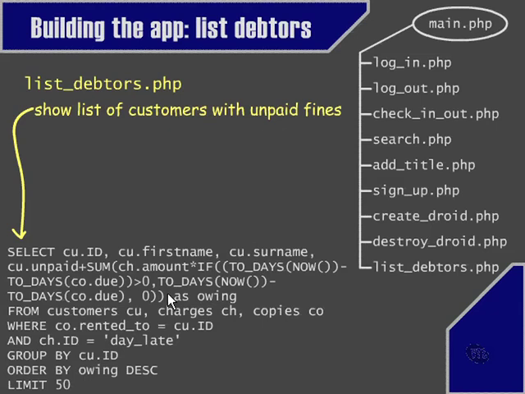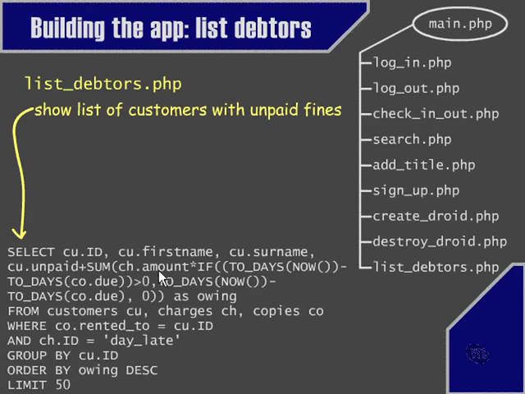Now this column is calculated by adding the customer's unpaid fines to a sum, which, if you remember, is an aggregate function which we can use to add up information within multiple rows of a table.